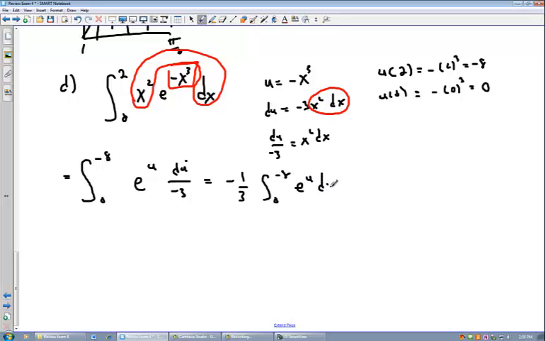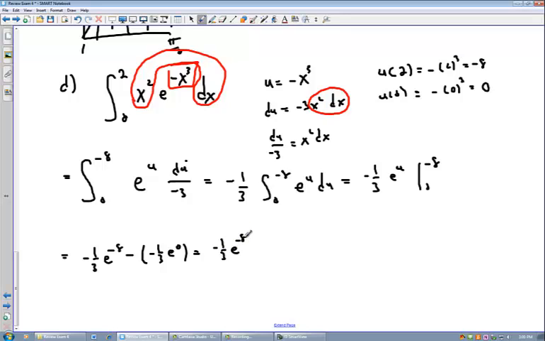The integral of e to the u du is just e to the u. So I have negative 1/3 e to the u, and this goes from 0 to negative 8. And so that's equal to negative 1/3 e to the negative 8, minus a negative 1/3 e to the 0, which equals negative 1/3 e to the negative 8 plus 1/3. e to the 0 is 1.